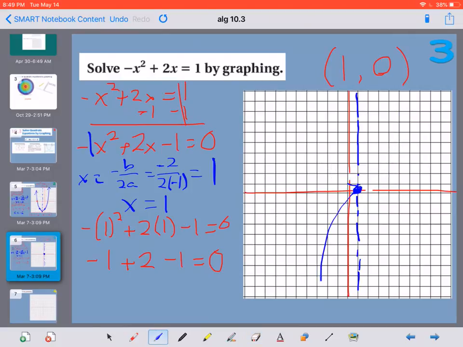So this is going down, but still it only crosses the x-axis once. So my solution is x equals 1, because it's at x equals 1. We don't have another solution. We only have 1, 0. So x equals 1 is our answer.